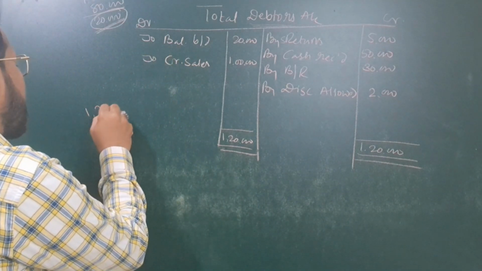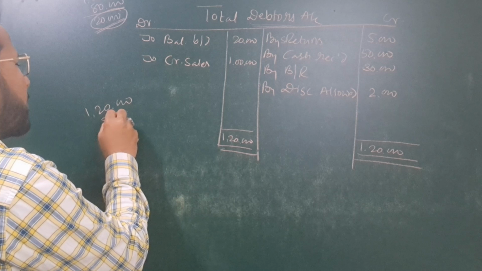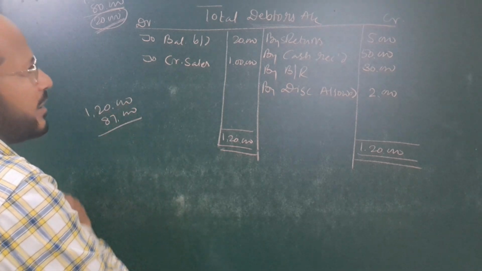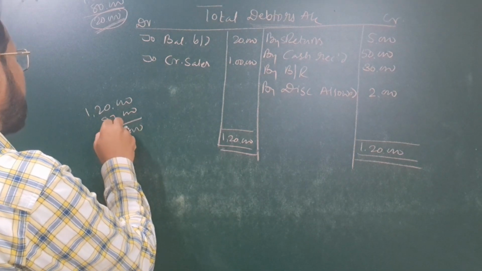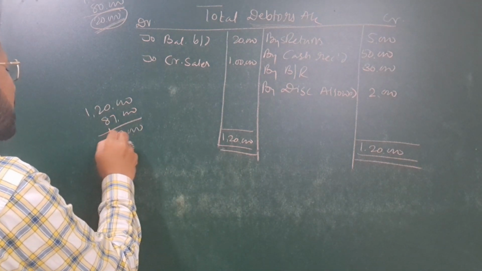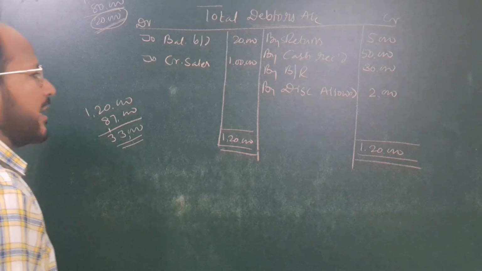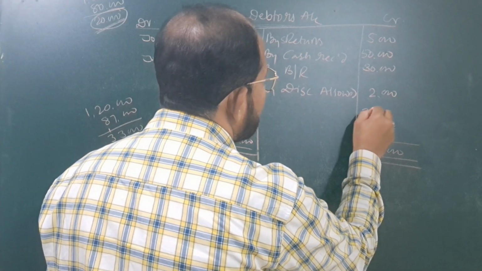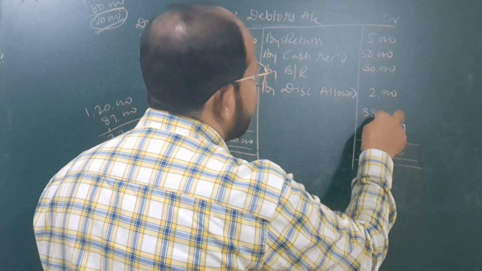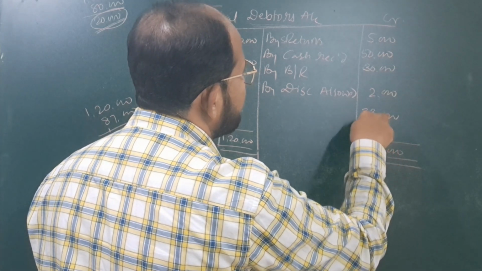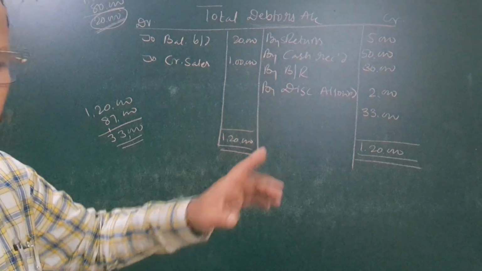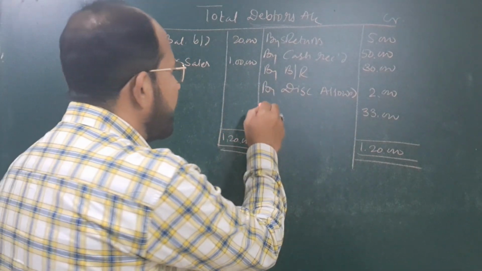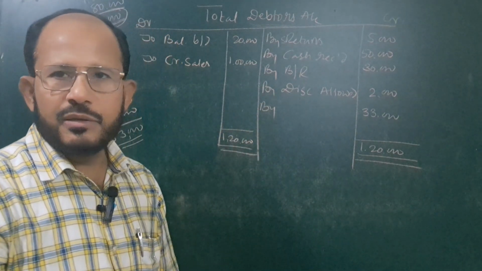Out of rupees 1,20,000, we have to deduct 87,000. Then whatever the balance comes, that we have to put here. It comes to rupees 33,000. Check it. 3 2 5, 5 10, 1 remains. 4 3 7, 7 12. Okay, 1,20,000. Here rupees 33,000 is called the amount which is due.